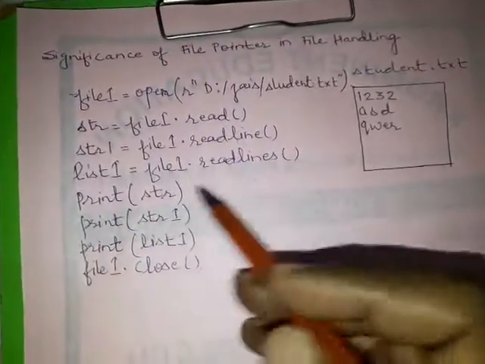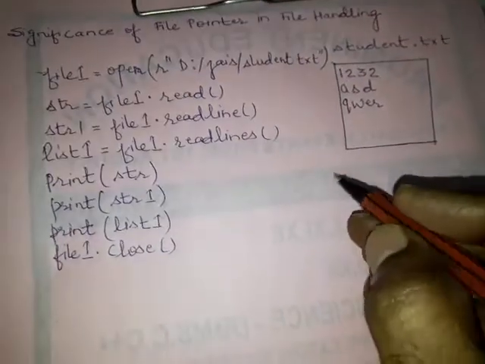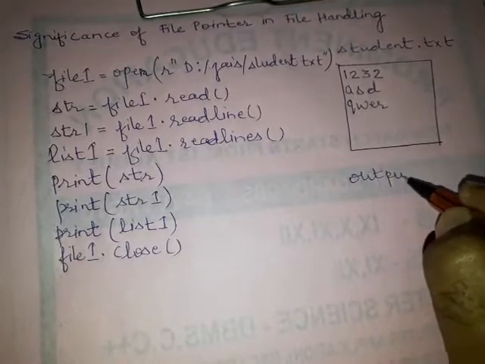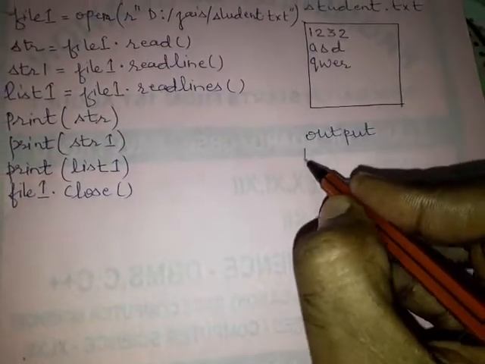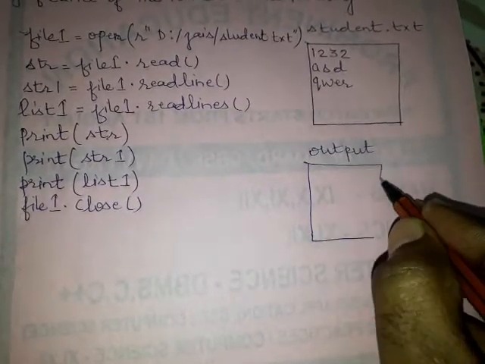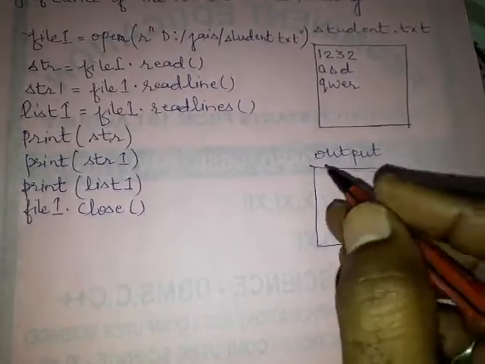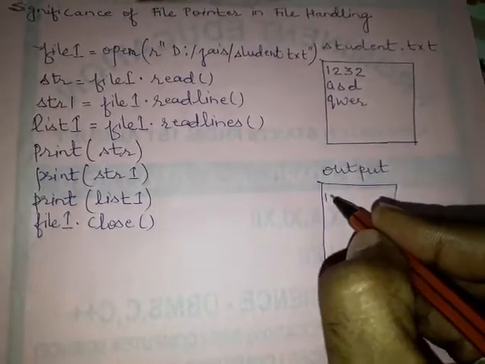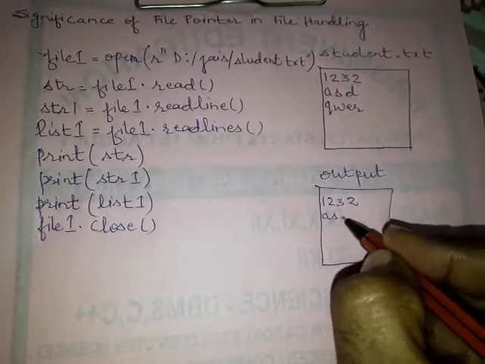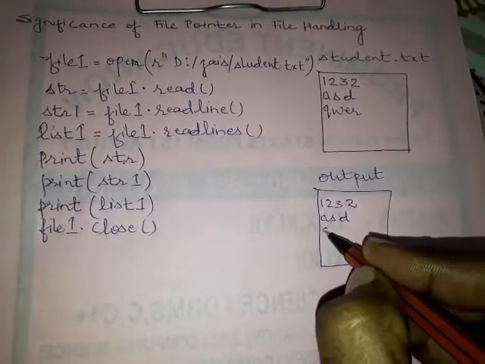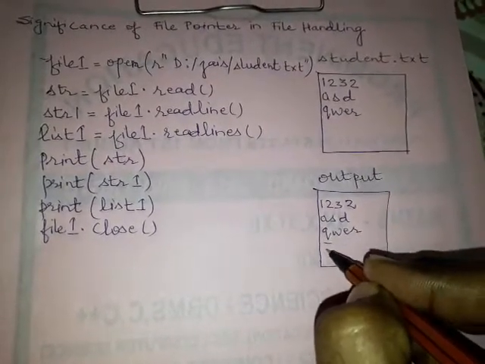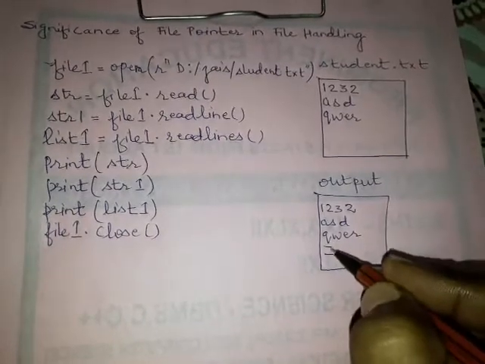If I run this program, the output will be something like this. One, two, three, two, A, S, D, Q, W, E, R. Then a two line space.